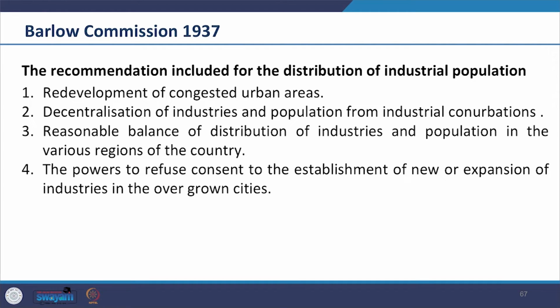The central authority should have the powers to refuse consent to the establishment of new or expansion of industries in the overgrown cities unless some overriding reasons exist for allowing it. So, now the authority would have the power to decline it. So, that was a suggestion made.